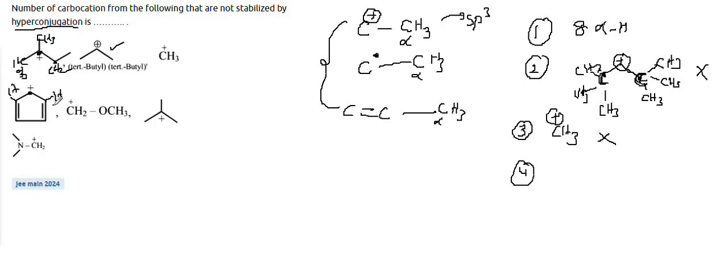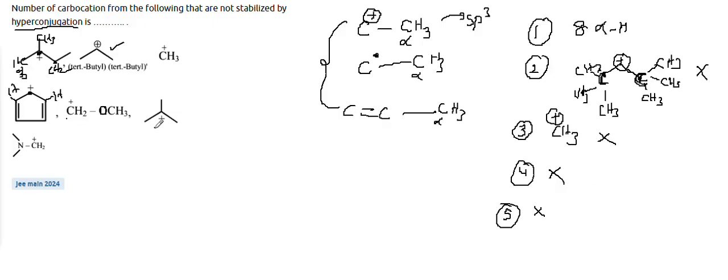These hydrogens do not show hyperconjugation. Fourth one also does not show it. And fifth one, this is the carbocation, but there are no alpha hydrogens, no alpha carbon, so it does not show hyperconjugation.